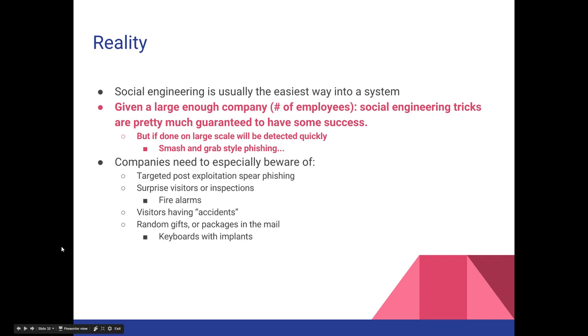So, at the end of this class, and in reality, social engineering is usually the easiest way into the system. And I always teach people that given a large enough company in terms of number of employees, social engineering tricks, when applied on a mass scale, are guaranteed to have some success. However, if you do mass phishing campaigns, they're going to get noticed right away.